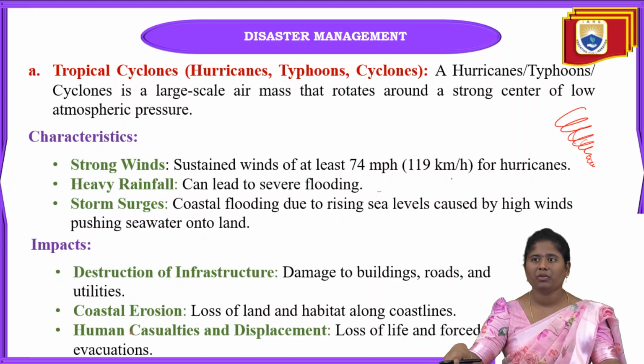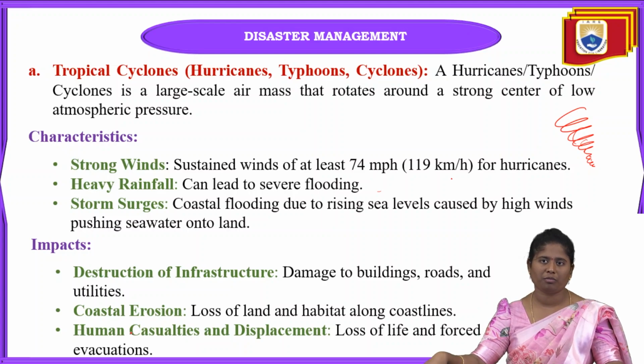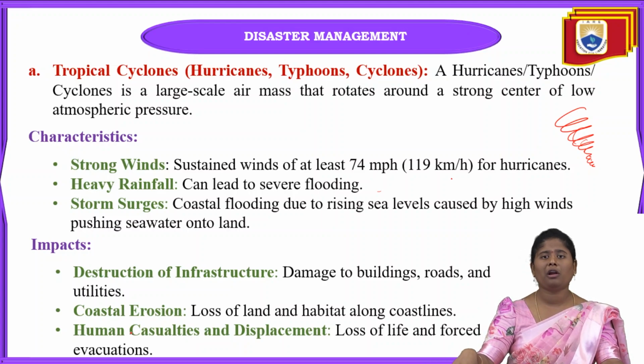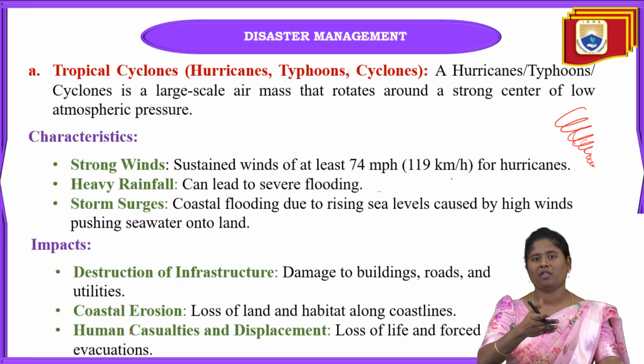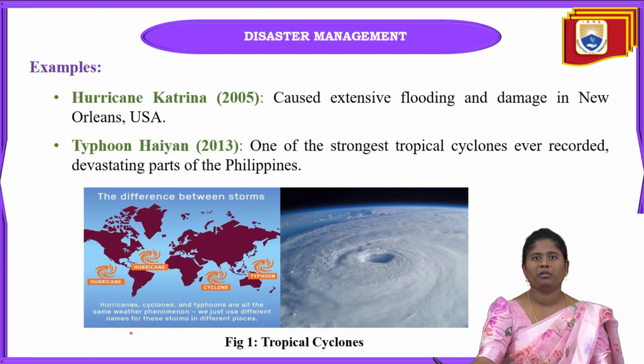Because if an area is prone to cyclones, the government is going to evacuate the nearby people. They don't want people to die, so they forcibly evacuate them from that place to another place.